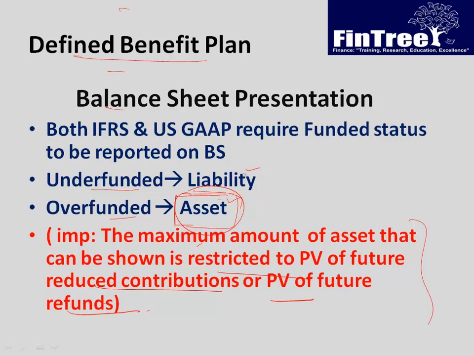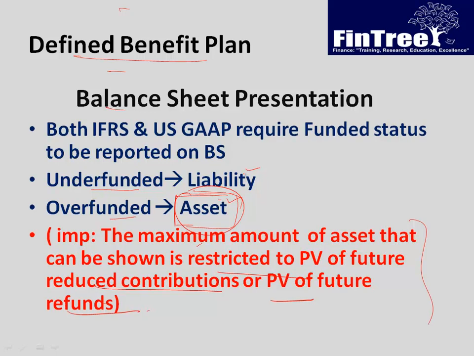Reduced contribution and refund are one and the same thing. Depending on what the structure is, there might be a scenario where in fact you are not making any contributions at all, but you are receiving refunds. That means that your value of assets has already increased beyond, okay, let me put it this way, your liability is 80, your assets are 120, so excess value is 40, but now your funding would stop.